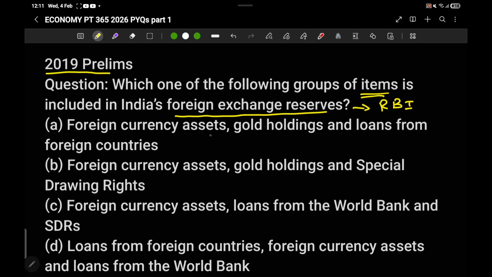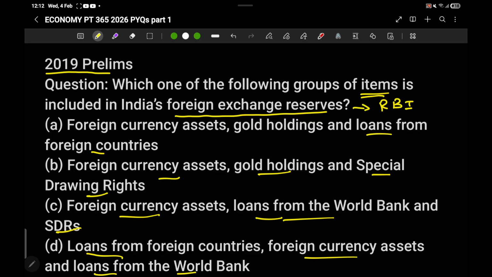First, foreign currency assets, gold holdings, loans from foreign countries. Foreign currency assets, gold holdings, special drawing rights. Foreign currency assets, loans from the World Bank and SDRs. Loans from the foreign countries, foreign currency assets and loans from the World Bank.